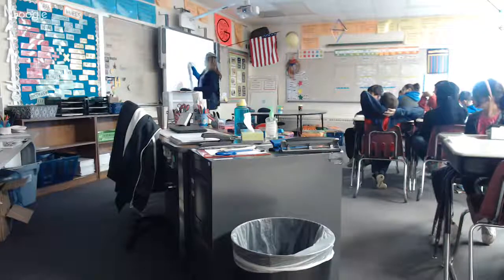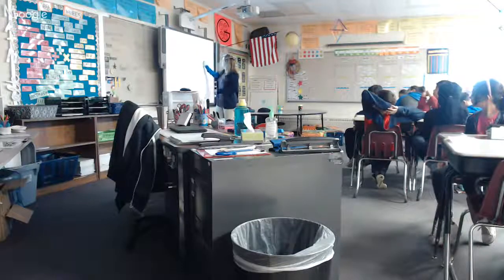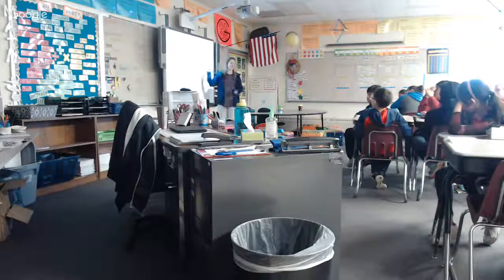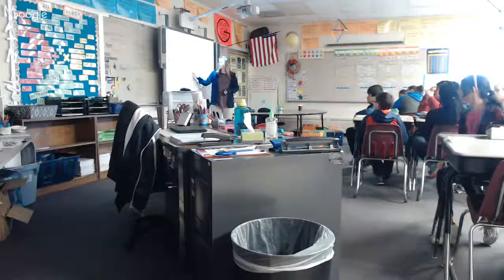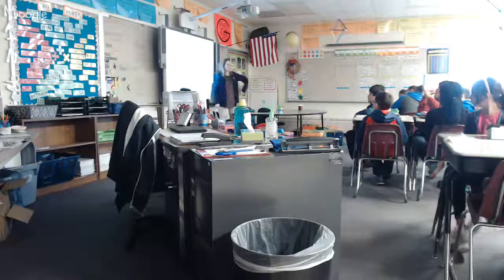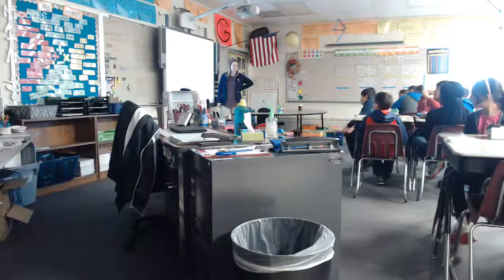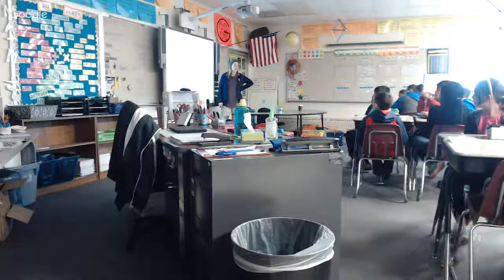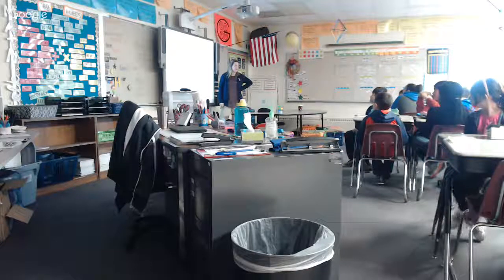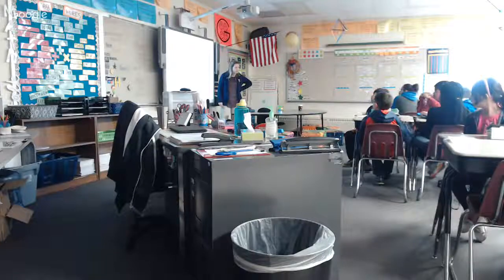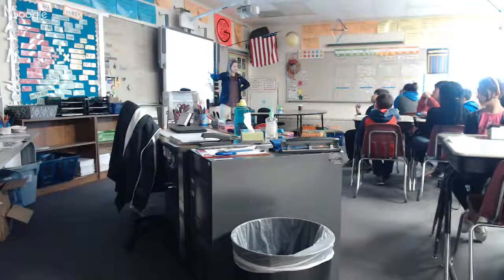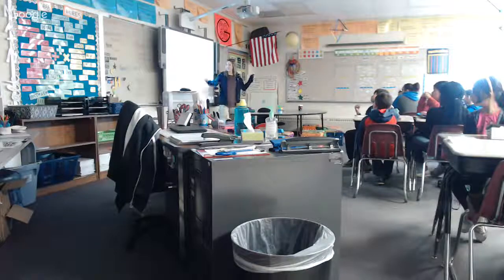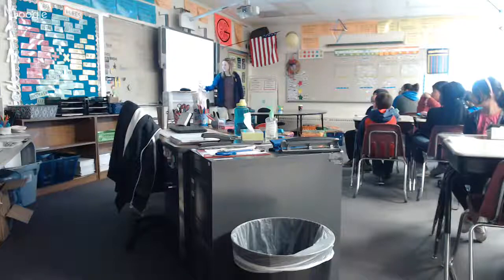So if I actually had a decimal with an exponent, how many places am I moving my decimal? 3. Jack, how many places? 3. And then which direction? Am I going to the right or to the left? Think. I'm multiplying. Is that on the right side or the left side of the alphabet? Right. So I'm moving it 1, 2, 3 places to the right. I only fill in with 2 zeros. So this is my answer.